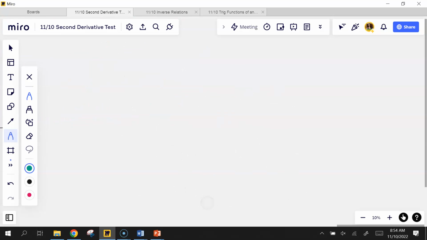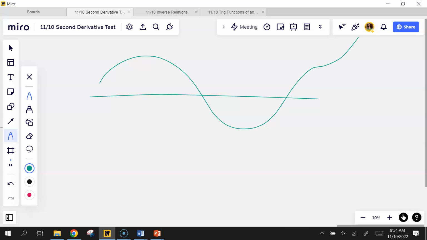Let me just show you from a graph how I would do this.